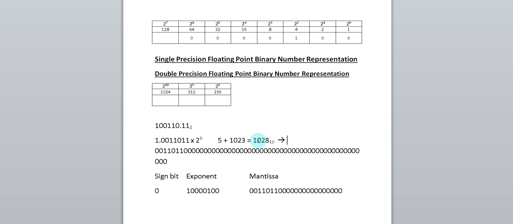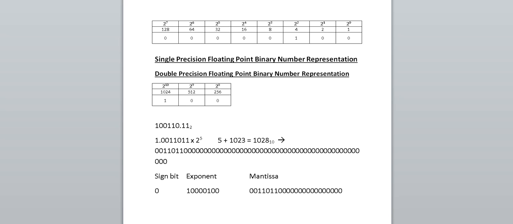For us to get 1028, we will use this 1024 and this 4 here. 1024 plus 4 is 1028. So again, put zeros on the blank spaces, and this value from here to here will be our exponent.